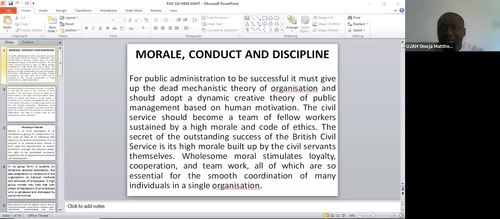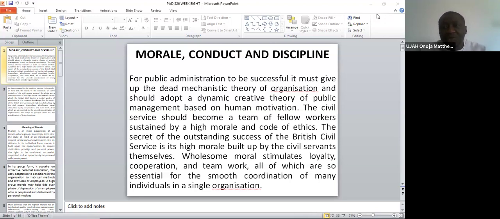Like we have seen before now, and as encapsulated in the theories that we have looked at, particularly the human relations theory, we saw clearly how the human being, the employer and the employees, have become the hallmark of any idea of administration or organizational setup.